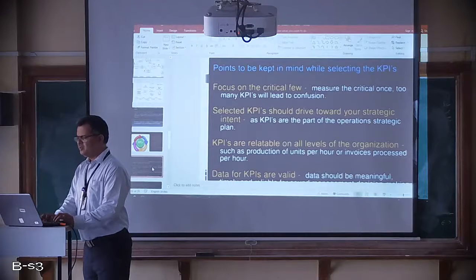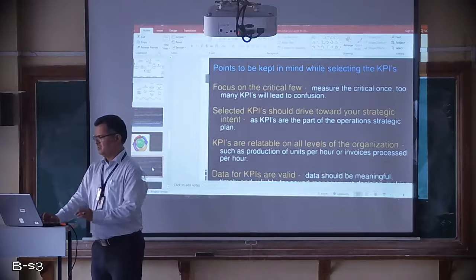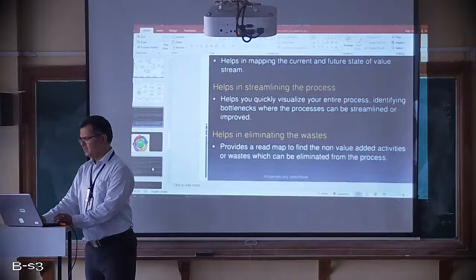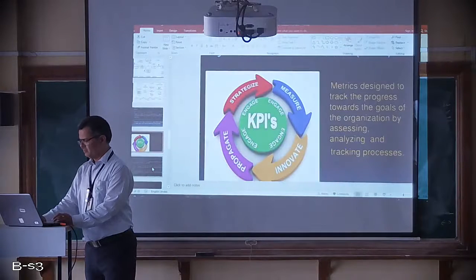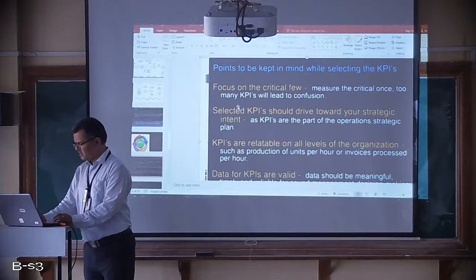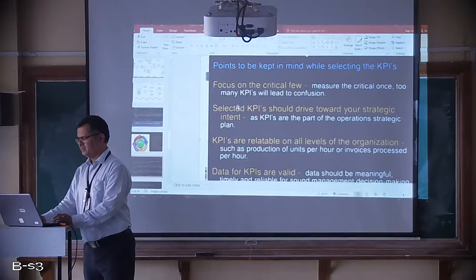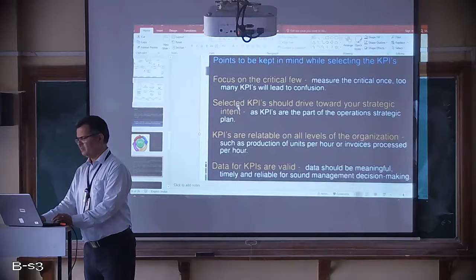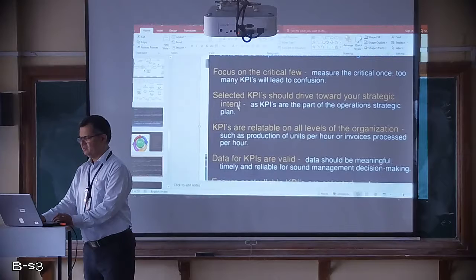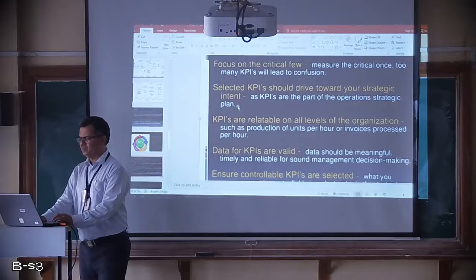What are the points to be kept in mind when selecting a KPI? Because we have to select the key performance indicators. The points to be kept in mind when selecting KPIs: one is to focus on the critical few.